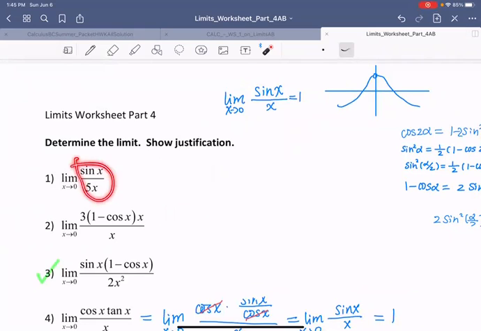You are not able to use this one directly, but you will do some manipulations. What do you do? Okay, we get some students find the answers.